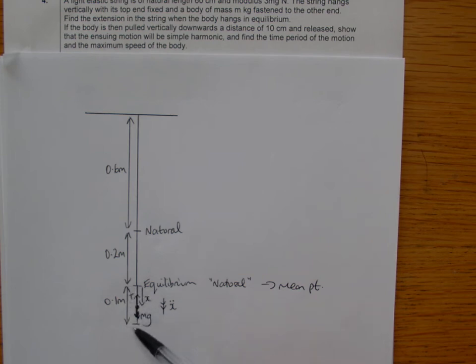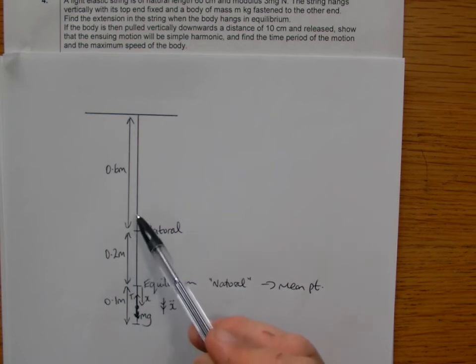Now, simple harmonic motion is possible here, but you've got to be careful with a string. A string is different to a spring. You've got to make sure that this extra extension is less than or equal to the initial extension, because if it was pulled down further than 0.2 meters, when it performs simple harmonic motion, it will go above the natural position.